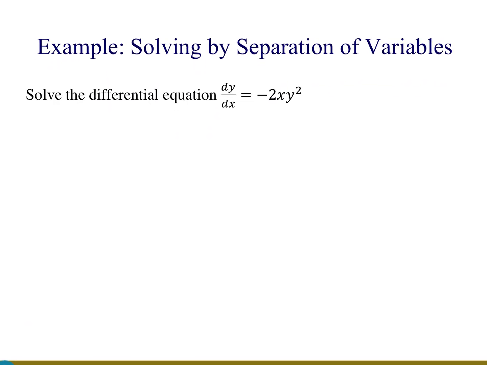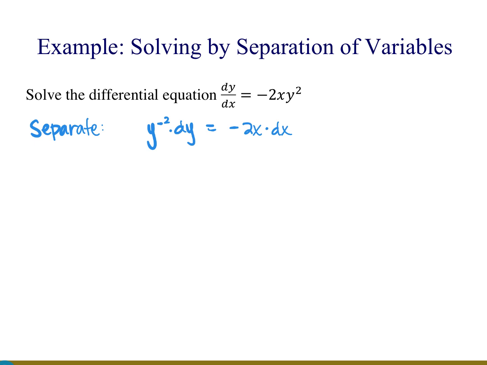This was the first question that we saw, and we got it into its separation stage. Let's pick up where we were. We did the work already on this once. The separation turned out to be y to the negative 2 dy equals negative 2x dx. That was the separation.